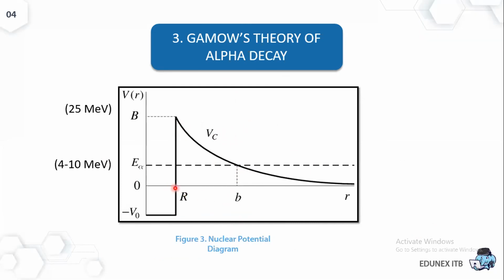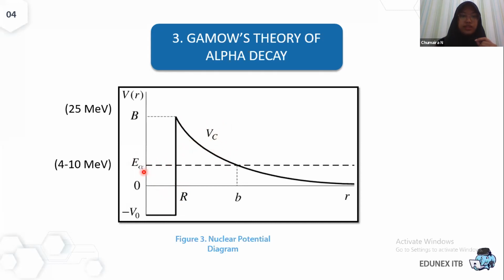So for example, in our case, the alpha particle inside the nucleus experiences a square potential well. But as it goes outside the nucleus, it experiences a Coulombic potential.